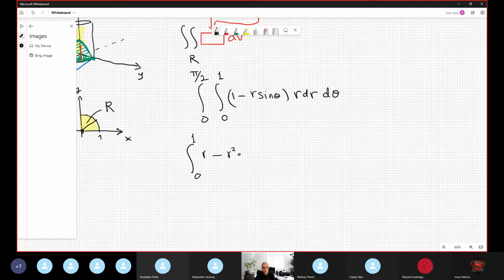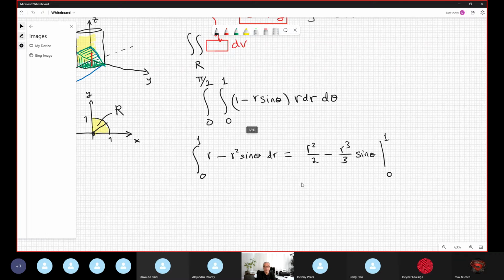Minus R squared sine theta, dr. Actually it's two integrals. The first one is R squared over 2 minus R cubed over 3, and sine theta is considered constant. Do not participate in the integration part. And R varies from 0 to 1.